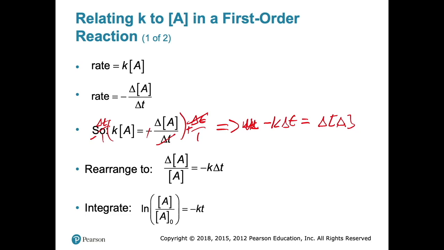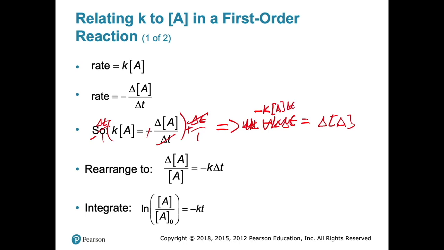And then, let's see here. Oh, I forgot this part right here. Let me write this in again. Negative K change in time. There we go.